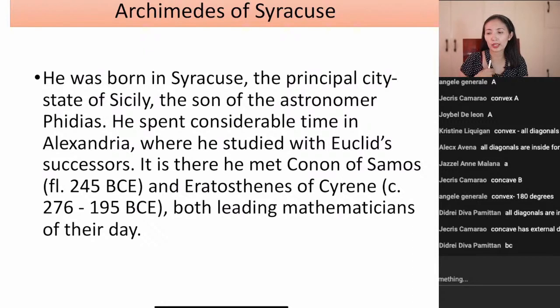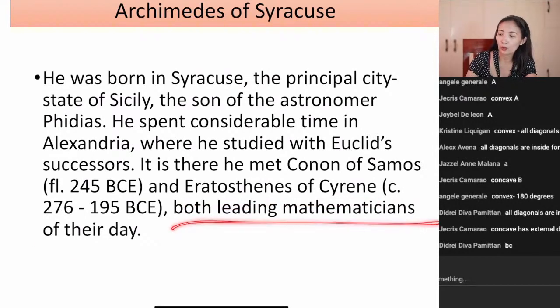He was born in Syracuse, a principal city-state of Sicily, the son of an astronomer named Phidias. He spent considerable time in Alexandria, where he studied with Euclid's successors. It is there where he met Conon of Samos and Eratosthenes of Cyrene, both leading mathematicians of their day.